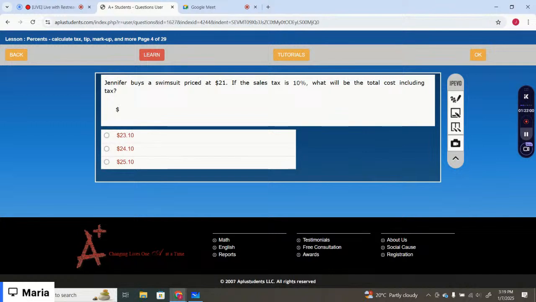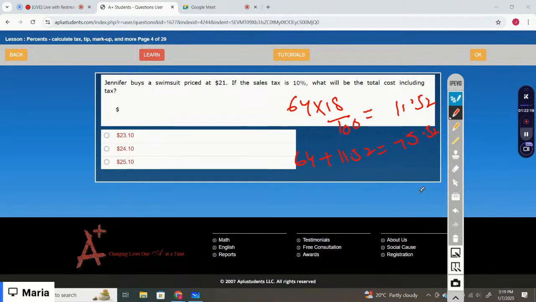Jennifer buys a swimsuit priced at $21. If the sales tax is 10%, what will be the total cost including tax? 10% of $21 is 2.1.